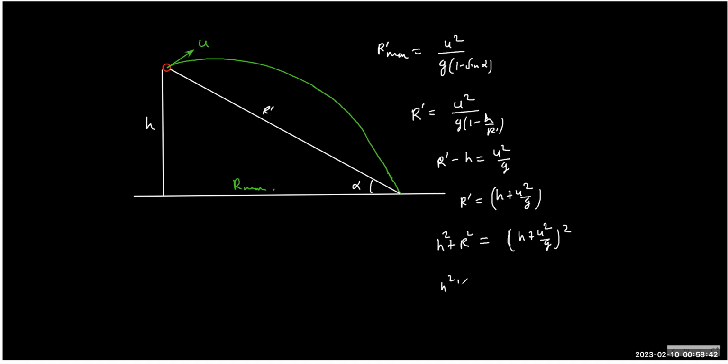So you get H square plus R square equals H square plus the expression. And this gets cancelled, which is like a relaxation.